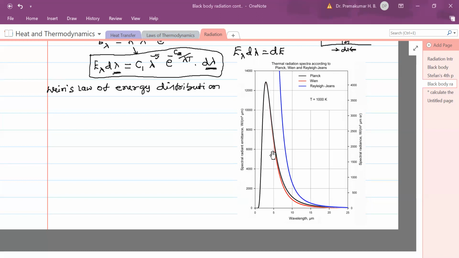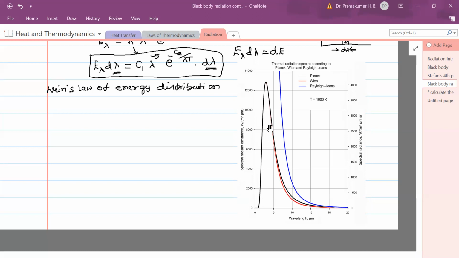That means these two, red and black, start splitting out. That means Wien's equation starts deviating from the experimental observation, that is, the radiation we observed using a detector.